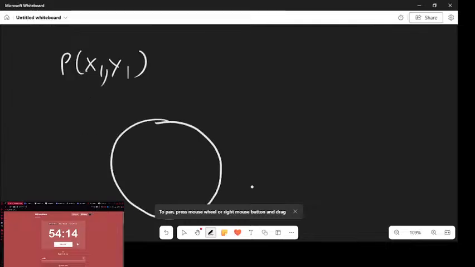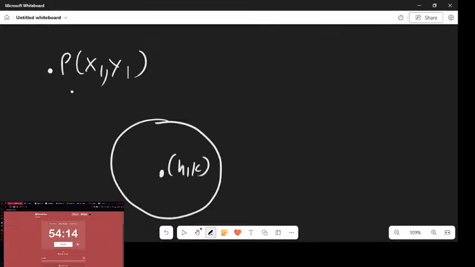And if they're asking for the greatest and the least distance of a point P (x1, y1) from a circle, if this is the circle with center h comma k, and this is the point P, the greatest and the least.